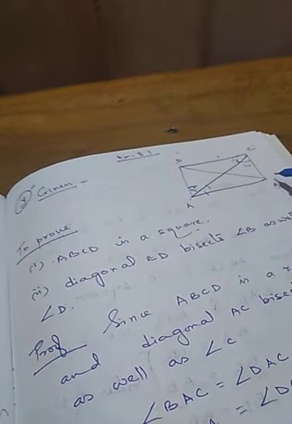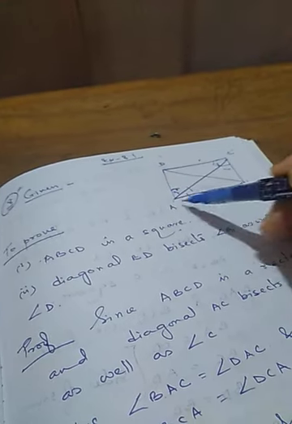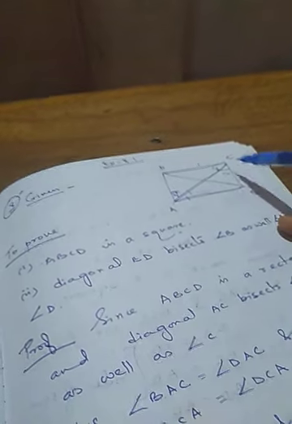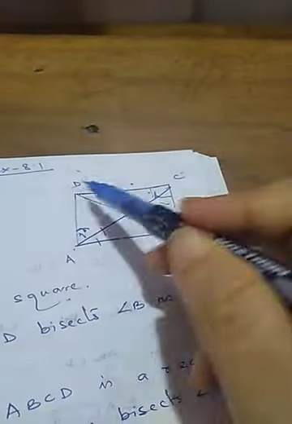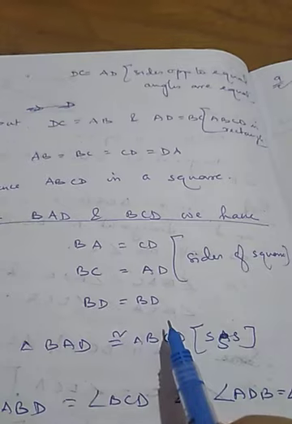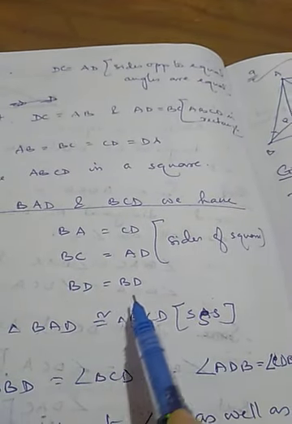Now next we are proving that the diagonal BD bisects angle B as well as angle D. For that we have to take triangle ABD, just the same as the previous one, and the other is CDB. We are proving these two triangles are congruent, that is BA equals CD, BC equals AD, and BD equals BD, common side.